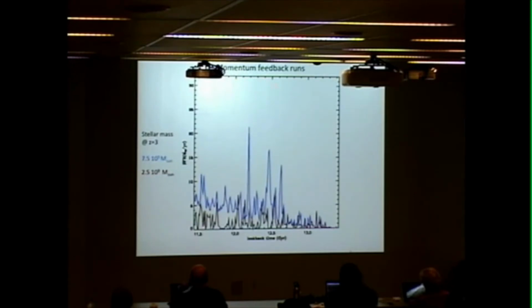If you go to the momentum feedback runs, you're able to reduce by a factor of 2 with the density threshold, but you reduce by a factor of 7 in the turbulent star formation run.